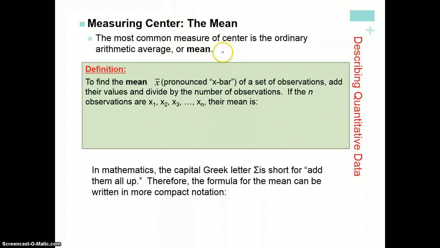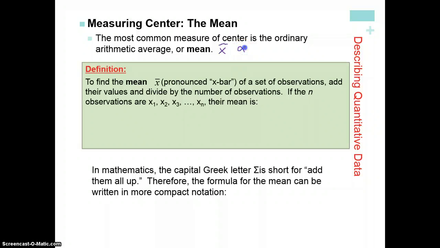So the mean is a measure of center, and this should be a review for all of you, I would hope, that we learned about the mean in elementary school, or grade school, and I'm sure that all of us have seen it before. But X bar is another way. You'll probably hear me refer to it as X bar from time to time.